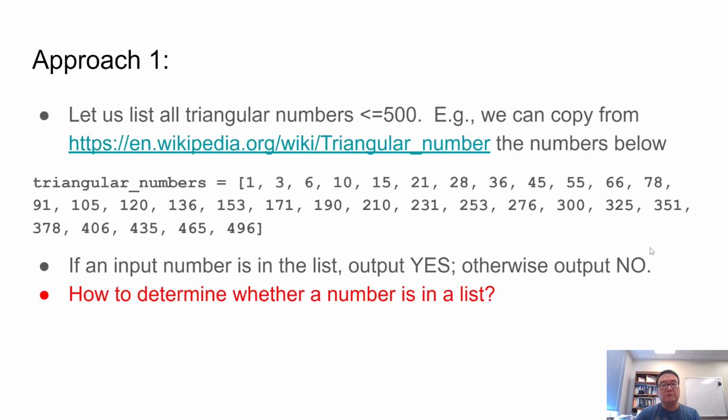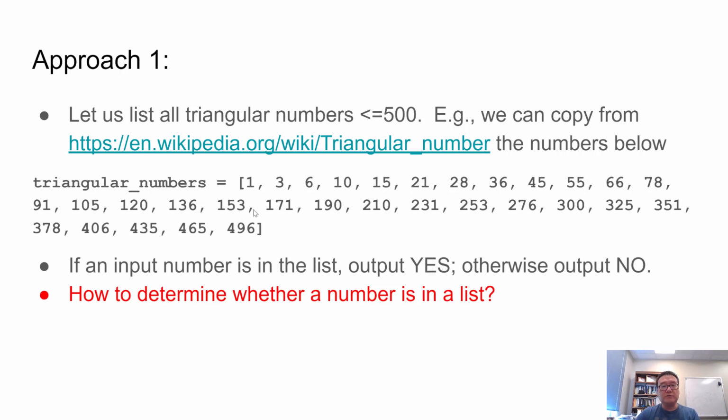this problem. The first approach we are going to do is to use what we just learned, list. Because the input is no bigger than 500, there are not that many triangular numbers. There are like 20-something triangular numbers, so I copy them from Wikipedia to here.